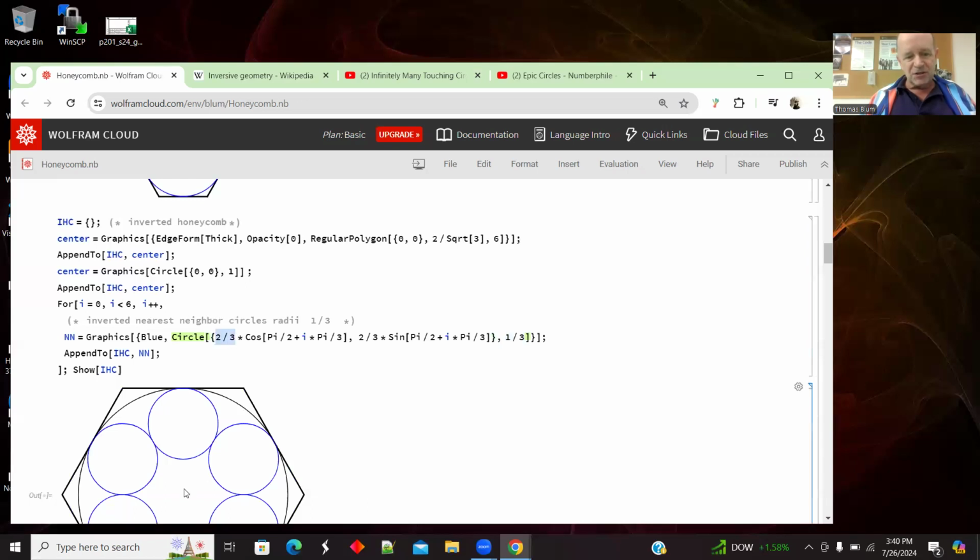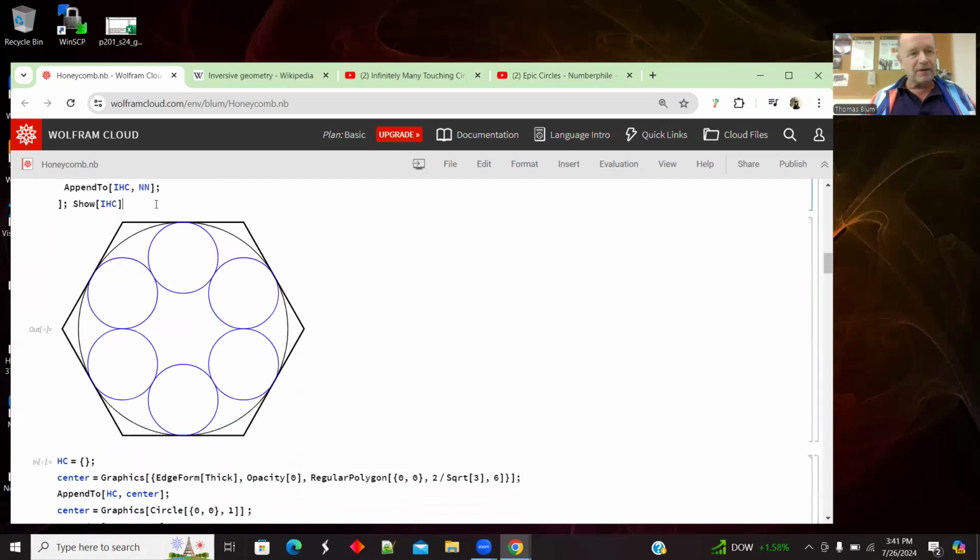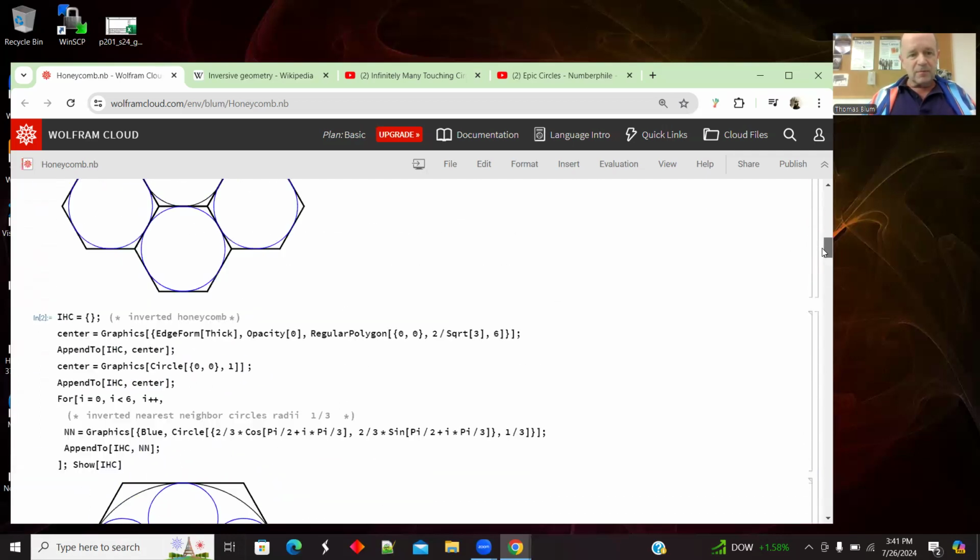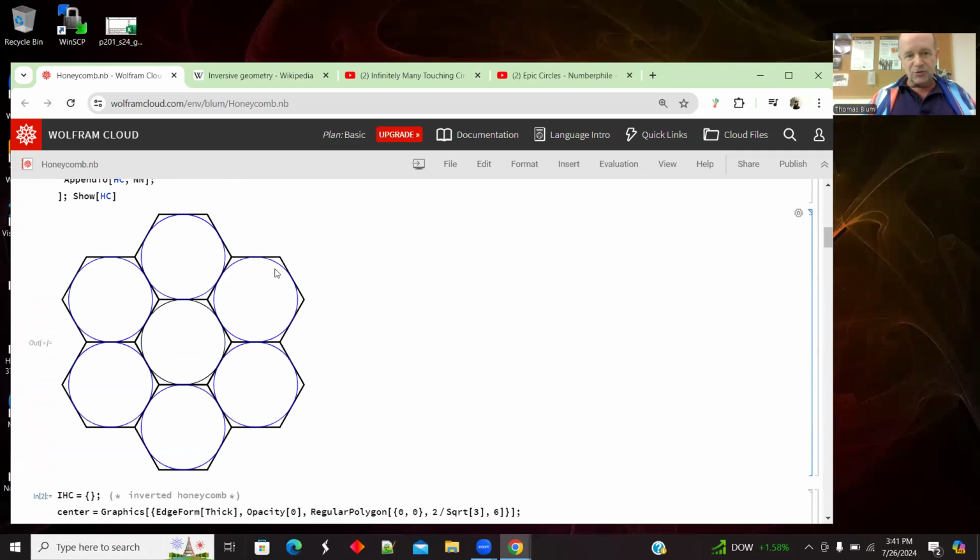So the centers are at 2/3, and the radius was 1/3, and I added them. So there are my inverted circles, and then it will adjust the size of the image.